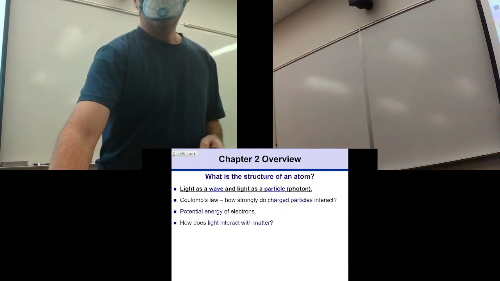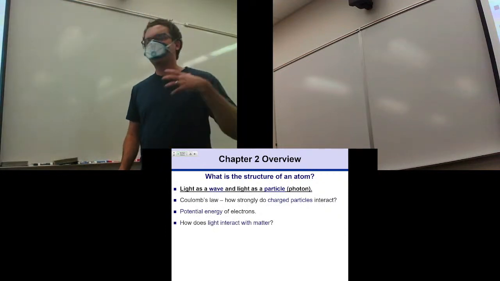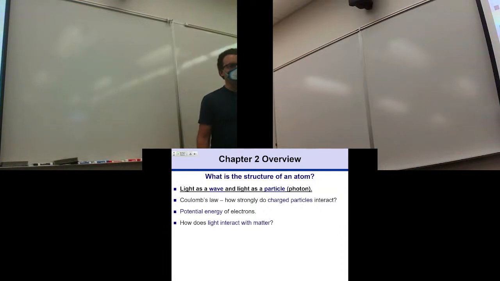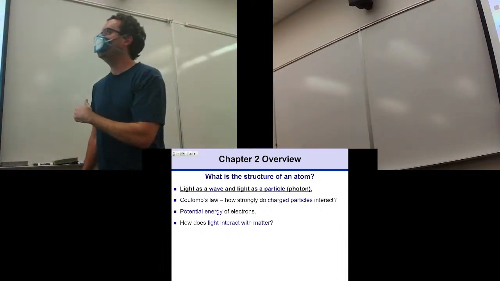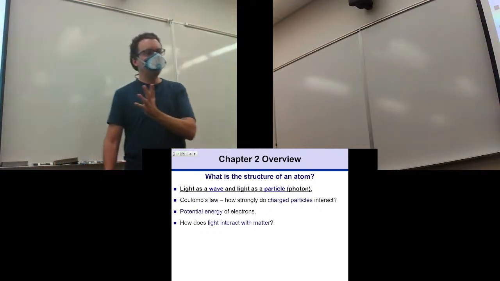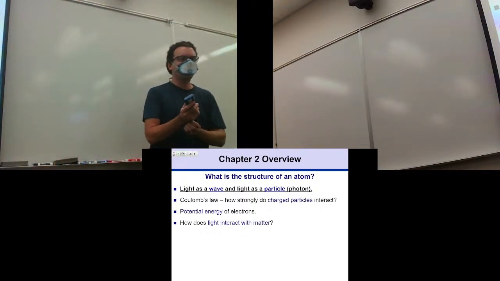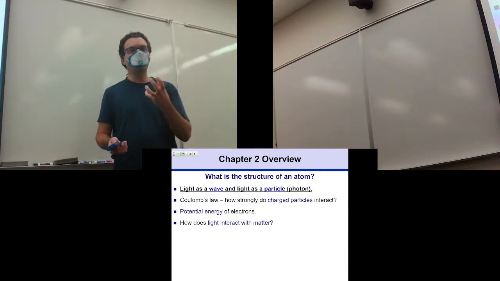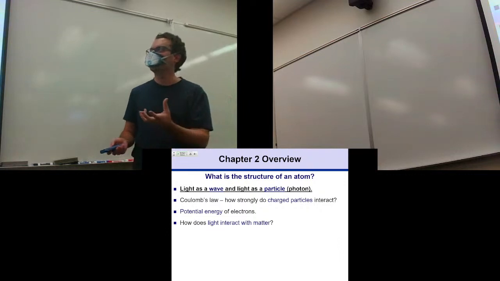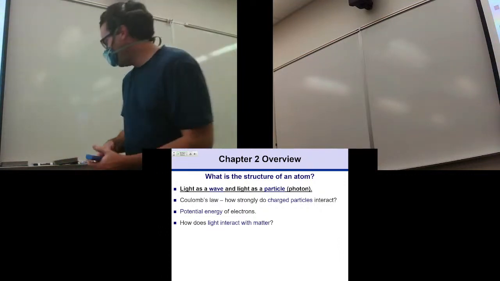We've already seen how light is measured as a wave. We use wavelength and frequency. We kind of jumped the gun a little bit, and we said you can also measure light as a particle. We can measure the energy of the particle of light, that particle called a photon. And we saw an equation on how to do it.